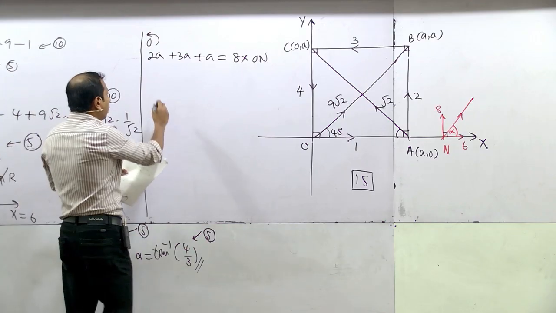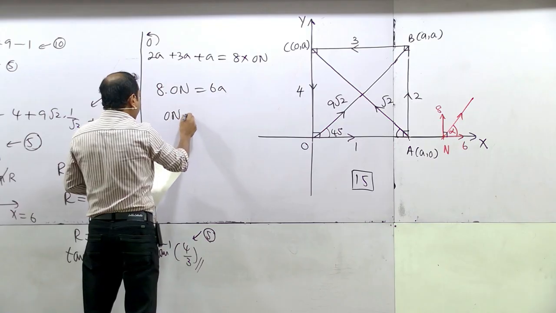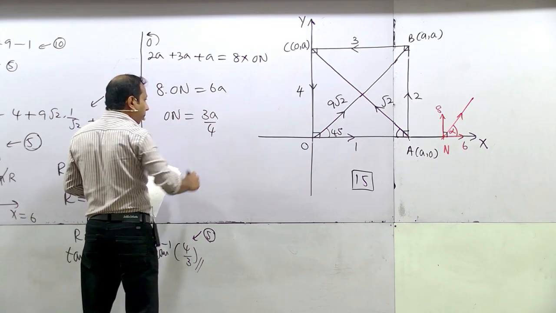Then we get 8 ON equals 6A. ON is 3A by 4.